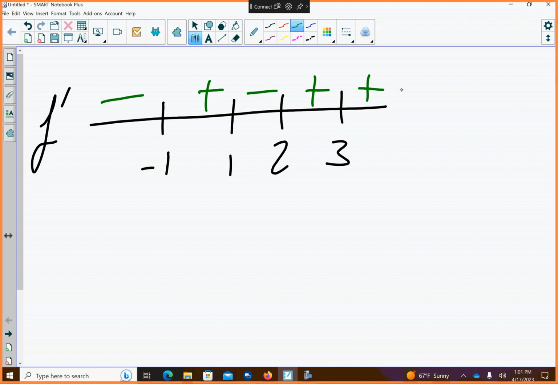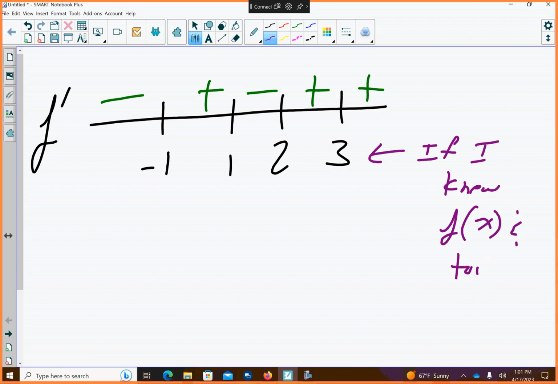Okay, so the sign changing is the vital part of this. Agree? But if the sign stays the same, that's also important. So the -1, the 1, the 2, and the 3, how these would have taken place is if I knew the original function and took the derivative and set the derivative equal to 0, that's where those numbers would come from.